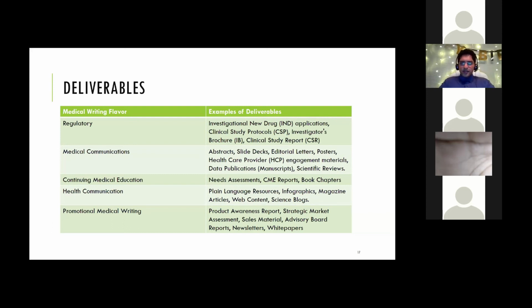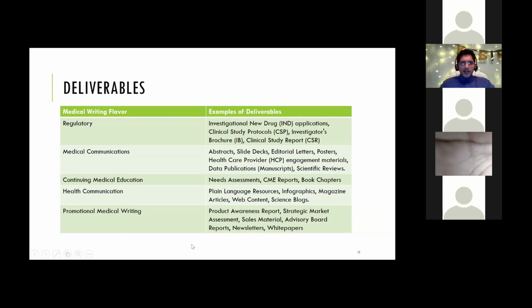These are all regulatory documents. On the MedCom side, it's slide decks, abstracts, editorial letters, documents such as publications, scientific reports, and so on. And the list goes on for continuing medical education, health communication, as well as promotional medical writing.